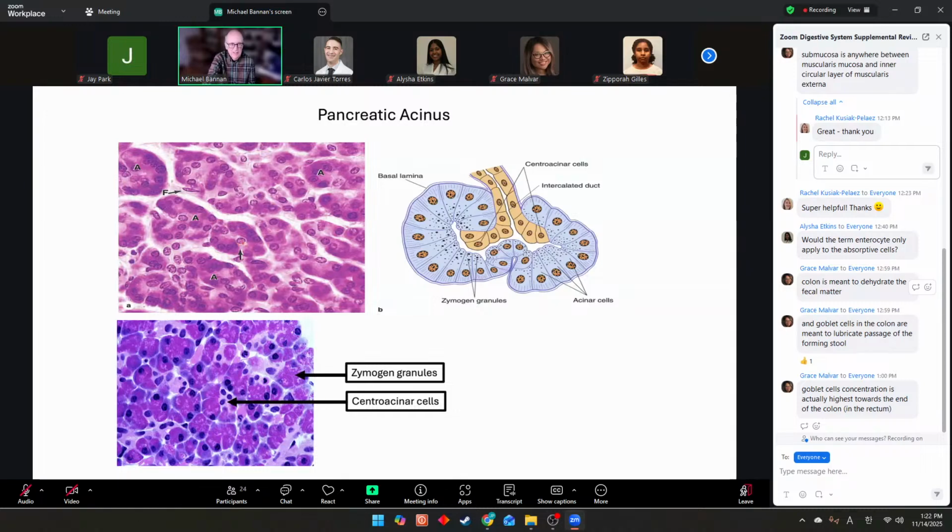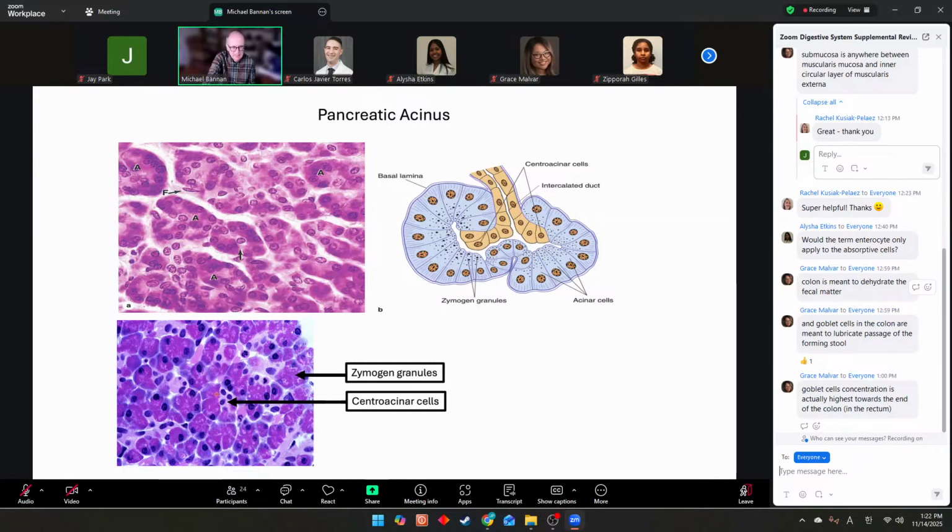So here's one here. Here's one here. This might be one here at the edge. And this is a nice H&E section that shows a nice differential appearance between the paler staining central acinar cell in the center of an acinus and the acinar cells themselves, which in this preparation are staining both red and blue.